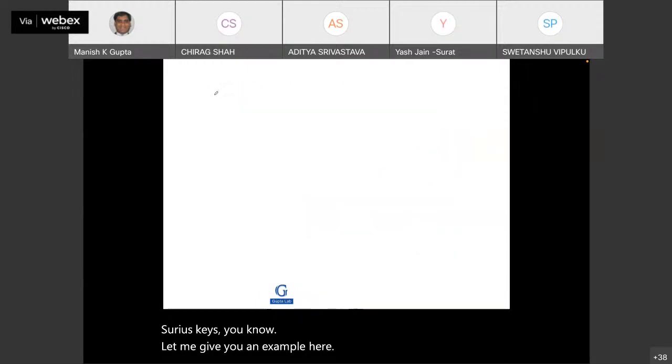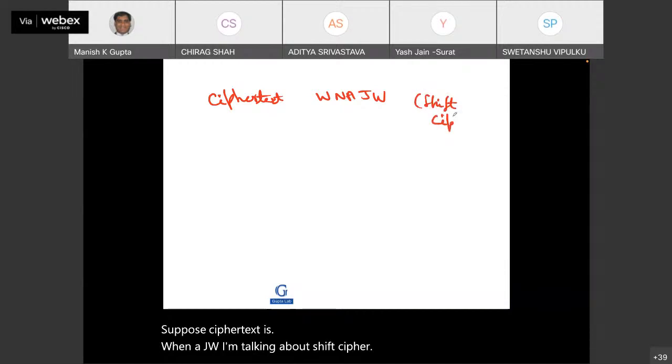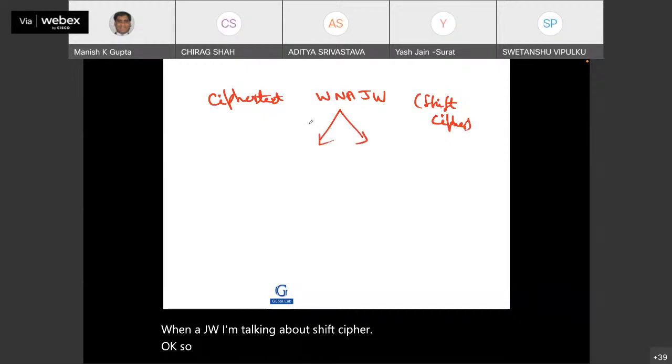Suppose ciphertext is WNAJW. I am talking about shift cipher. So meaningful plain text is river or arena.